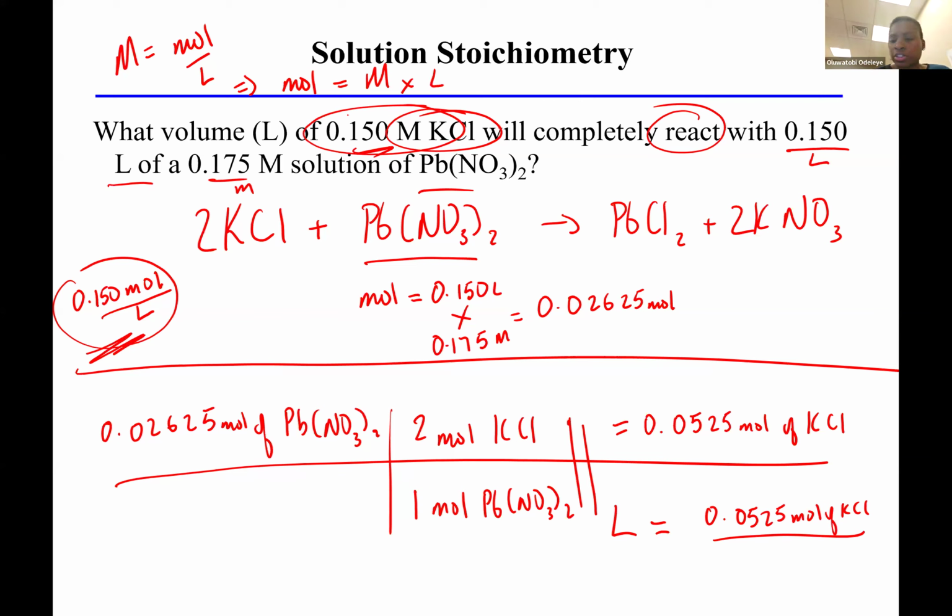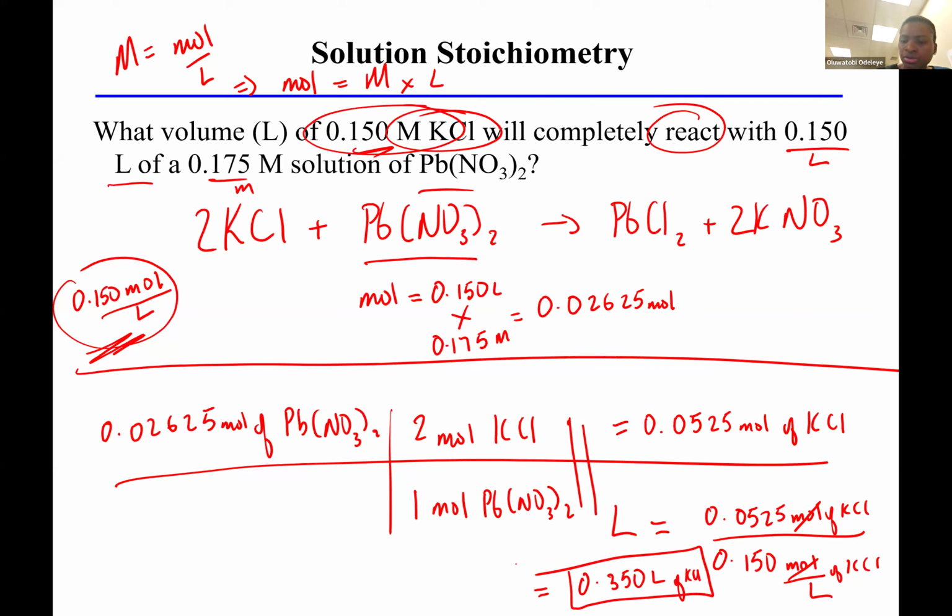This comes from the question, 0.150 moles per liter of KCl. Moles cancel out, I'm left with volume, which should be 0.350 liters of KCl.